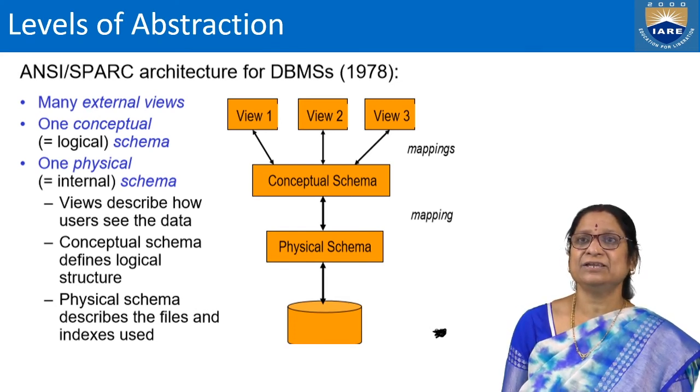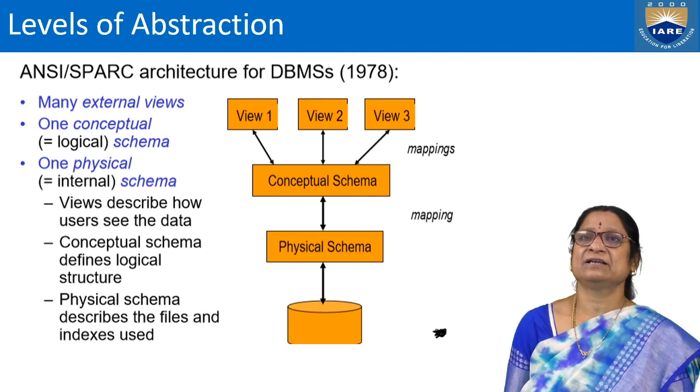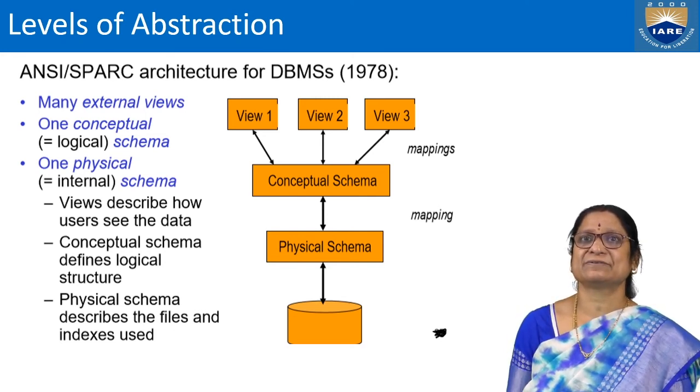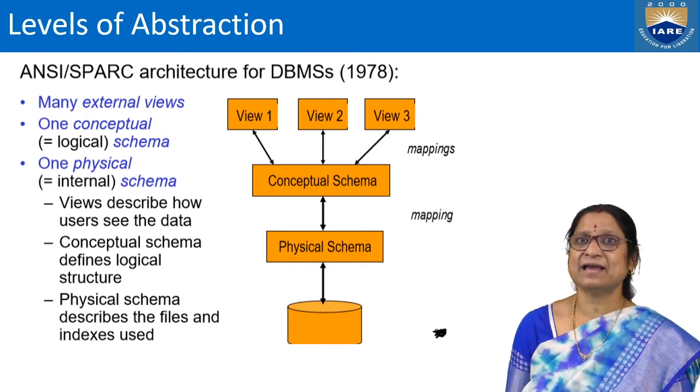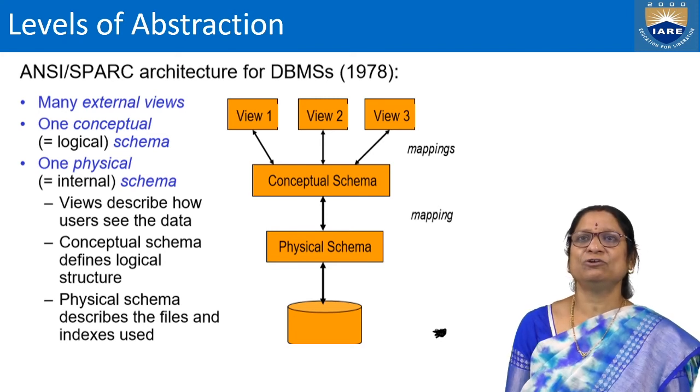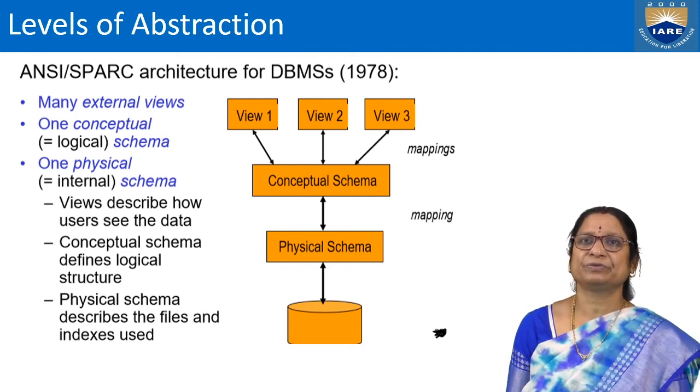Based upon that, even today we are using it for the development and implementation of databases. That is levels of abstraction. Abstraction means hiding. At various levels, the data is hidden from the various types of user groups. It is required. Everybody need not know what is there and where it is there. Everything need not be known to each and every one.